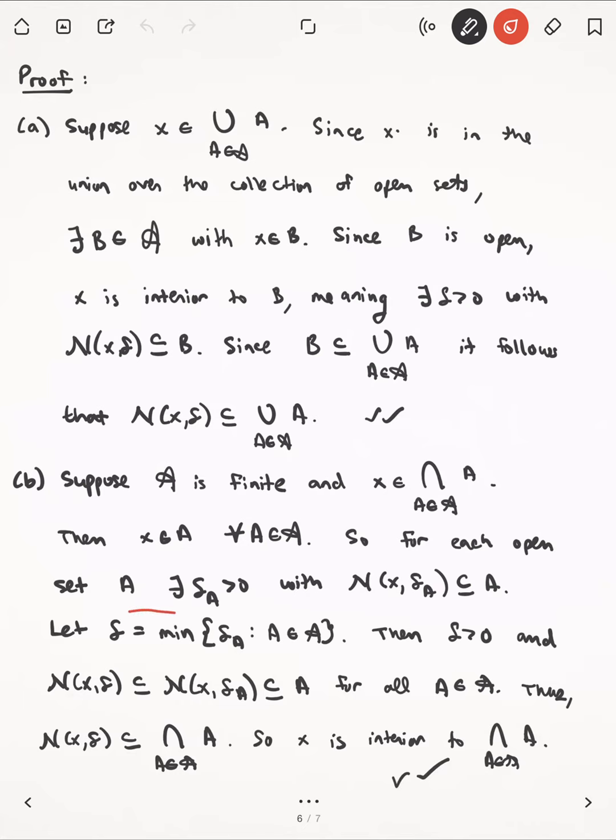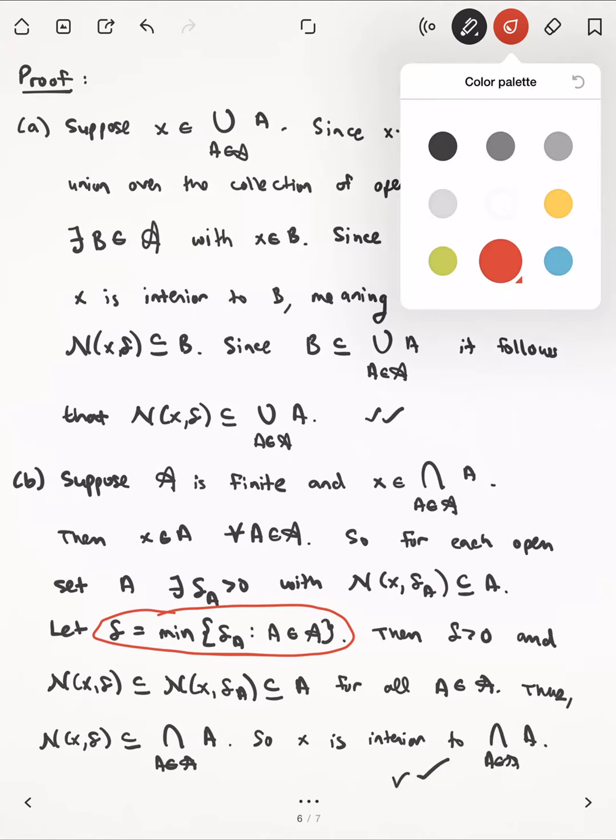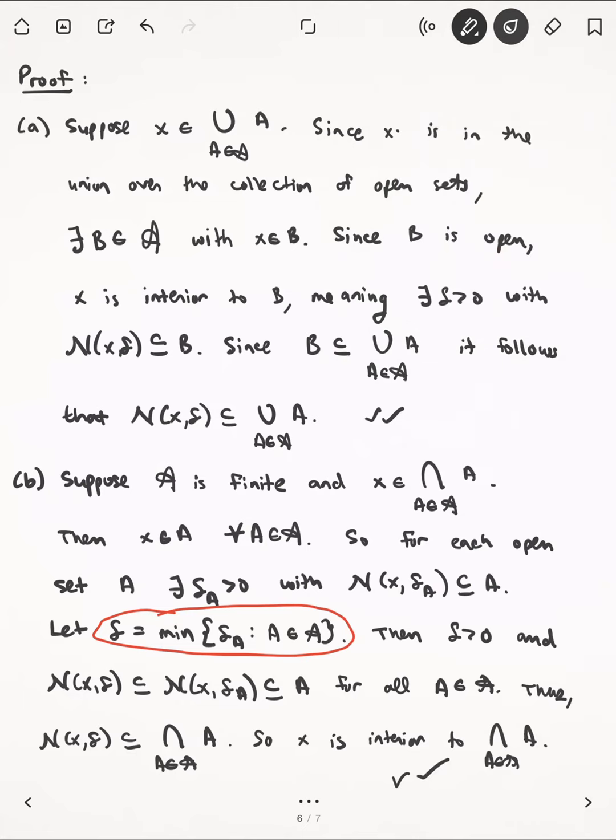Notice I said let delta be the minimum of delta A for all A in this collection of sets A. If that collection is infinite, there's no guarantee that the minimum of that collection is going to be positive, right? But because it is finite in this case, we are able to find it. And so it's paramount that we specify that it's finite.